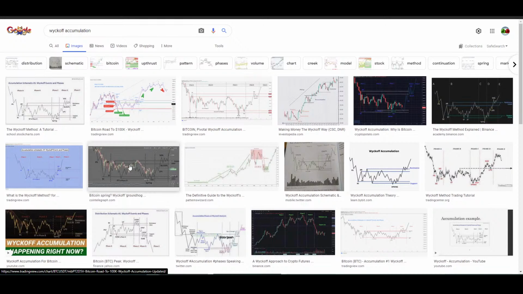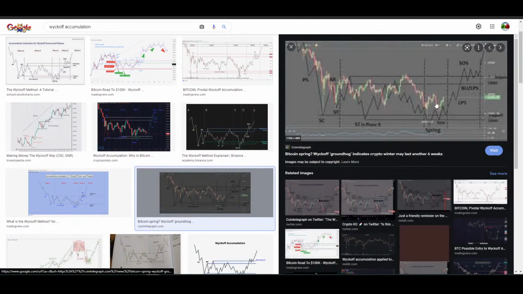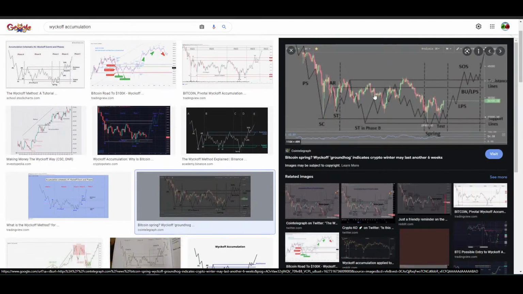Here it is, right there. That's it, right there. It doesn't show me what time it failed, but yeah, that's that overlay. And it didn't work. They were early.